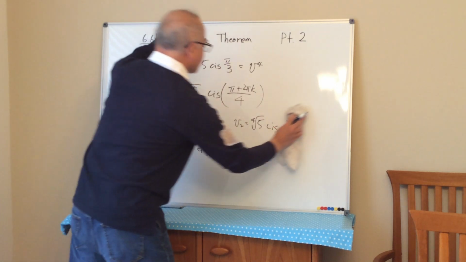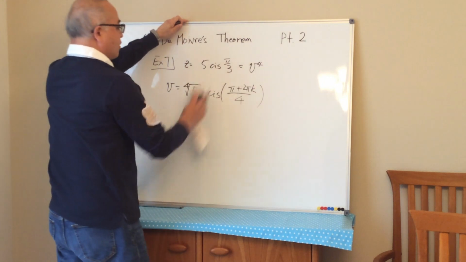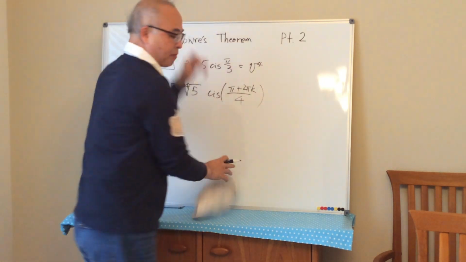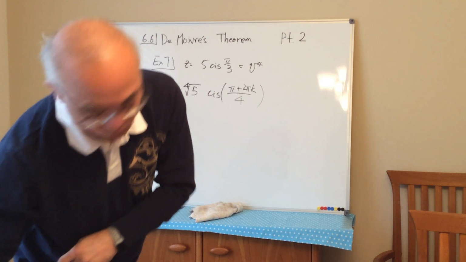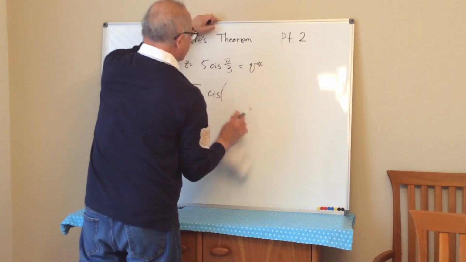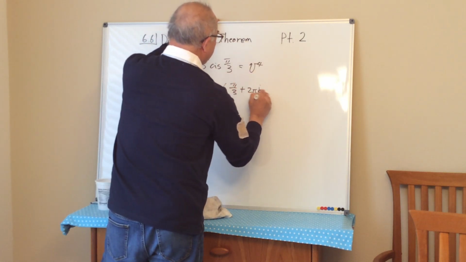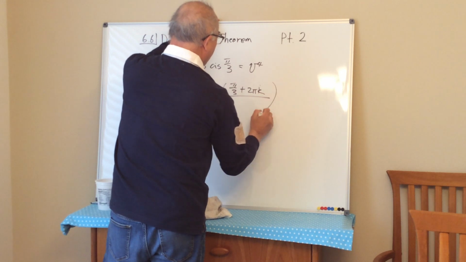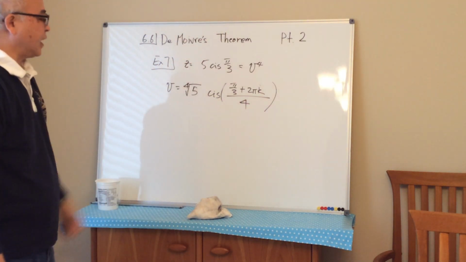So let's go and start from the beginning. I have pi over 3, and I'm going to divide that by 4. So this is going to be equal to pi over 3 plus 2 pi k, all over 4. All right, so this is what it's going to look like.